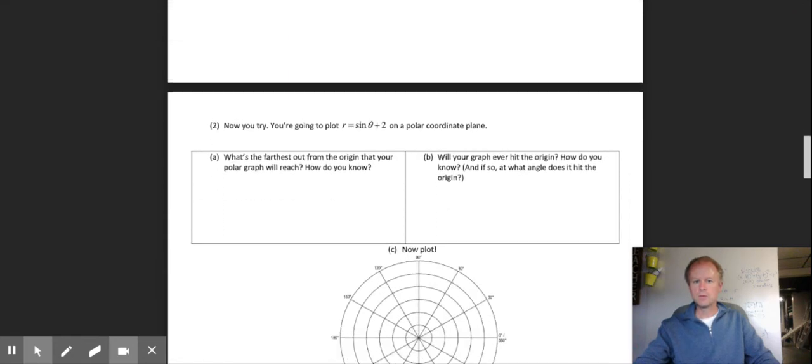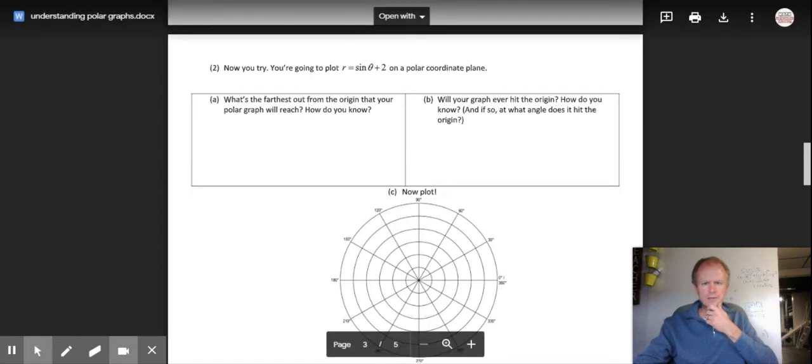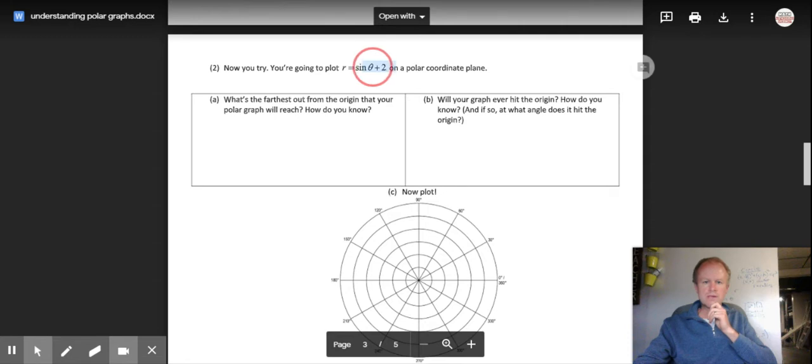Then moving on through the rest of this handout, the next one asks you to plot r, or initially just kind of think through this. If I'm plotting r equals sine of theta plus 2, what's the farthest out from the origin that we could go? So sine, this is where an understanding of range is important.